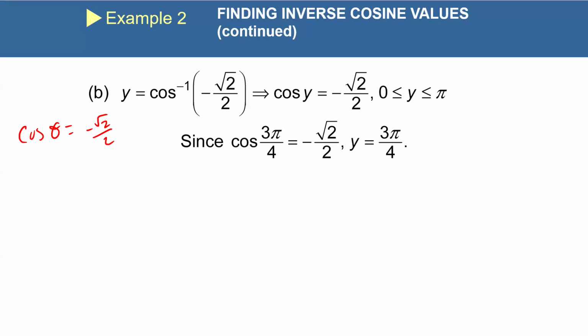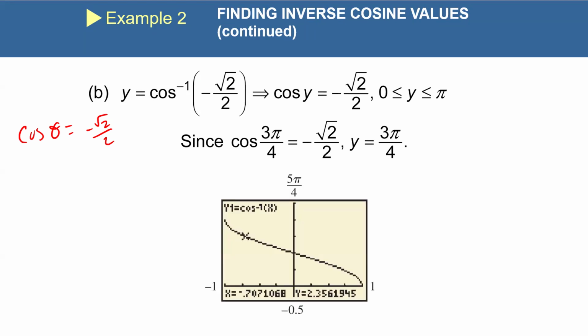But you're getting there, right? We're catching on. Okay, so when you look at it on the calculator, it'll show all the decimals, but your exact answer is 3 pi over 4. Why is y 3 pi over 4?